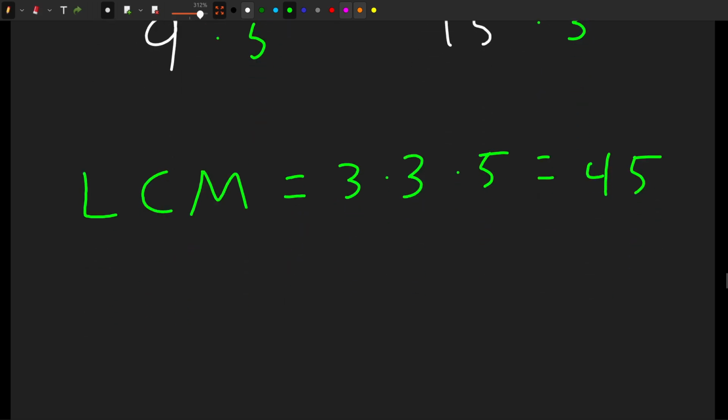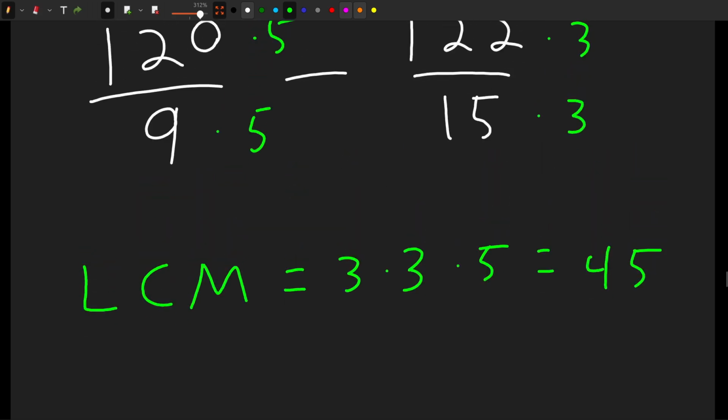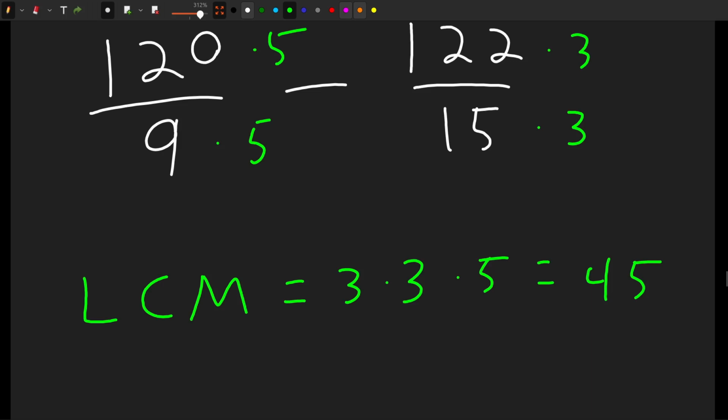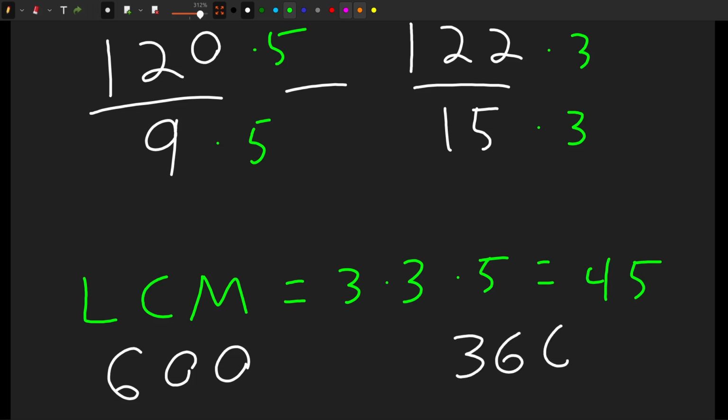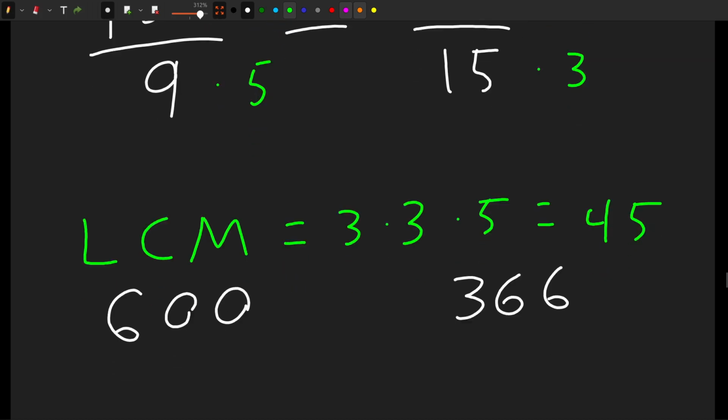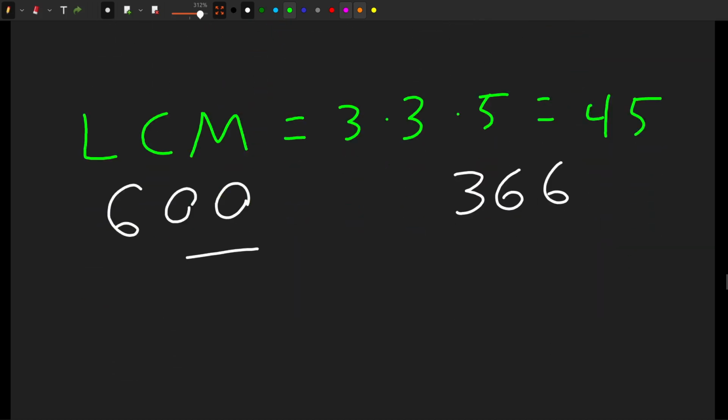And so 120 times 5 is going to be 600. I'm just going to write that down here at the bottom. 122 times 3 is going to be 366. And then obviously my denominators in this case are going to be 45.